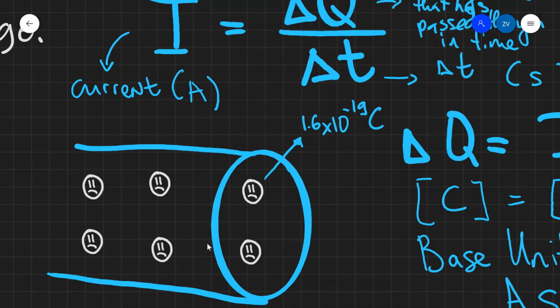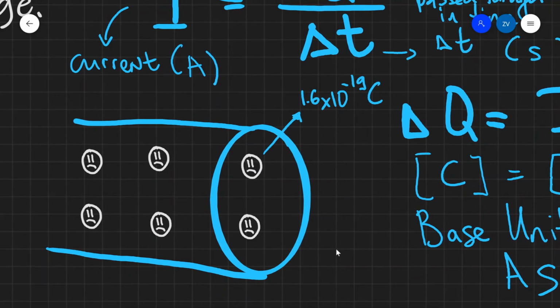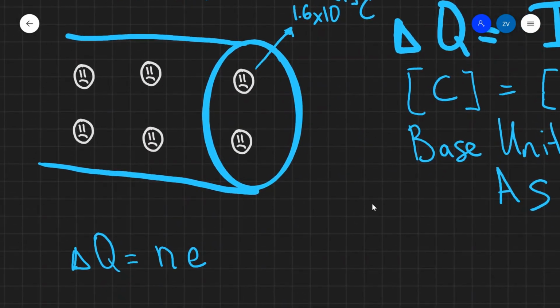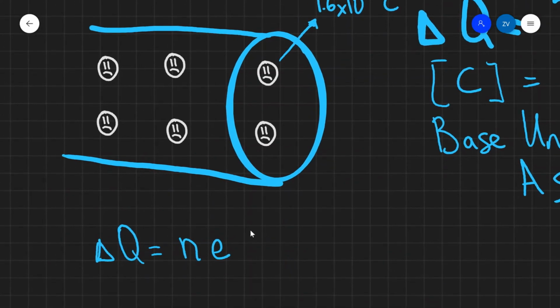In fact, the total charge of any system is always a multiple of the elementary charge. The elementary charge is often denoted as just the letter E. In fact, this is what we're going to be using in A-level physics. It's one of the constants that is given in your formula and data booklet, and E is once again 1.6 times 10 to the power of minus 19.